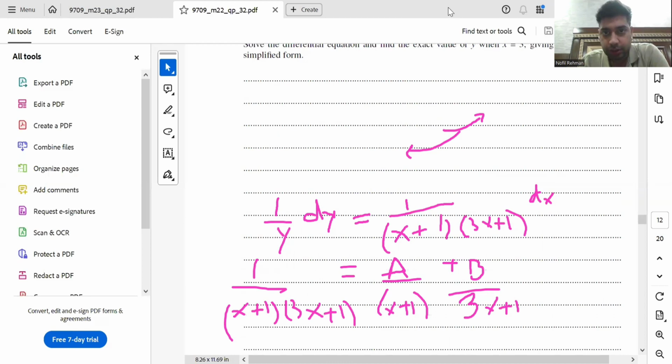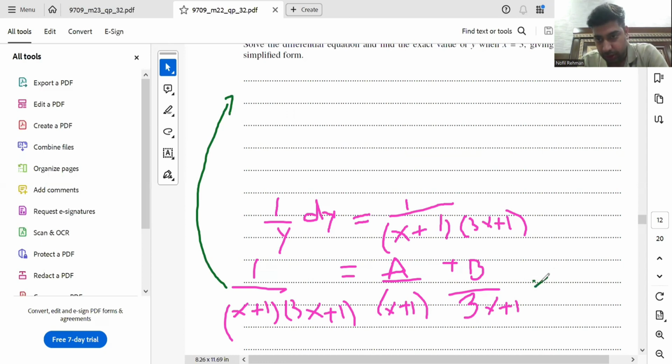I just moved it to create some space. Okay, and I will change the color so you can keep track of where we are moving the equation. Now what I will do is multiply this whole equation by (x plus 1)(3x plus 1) so that I can get a linear equation.